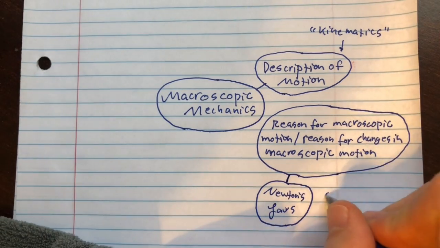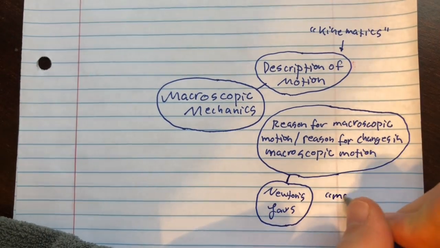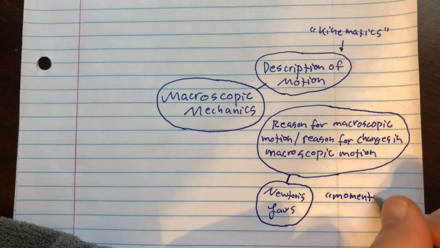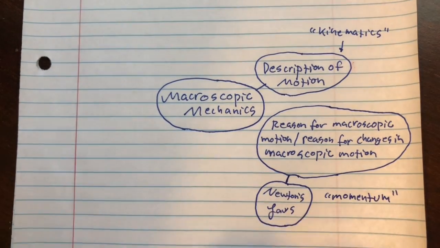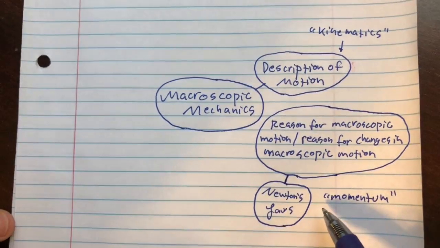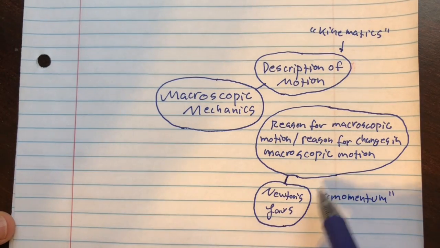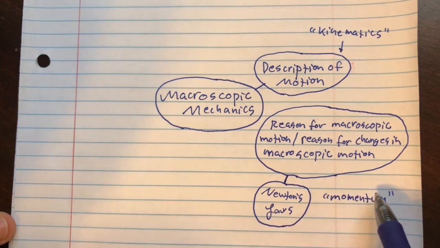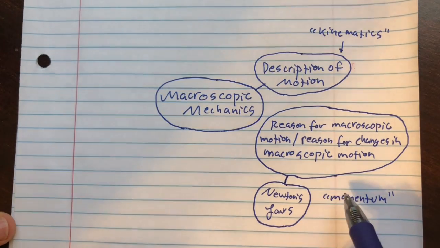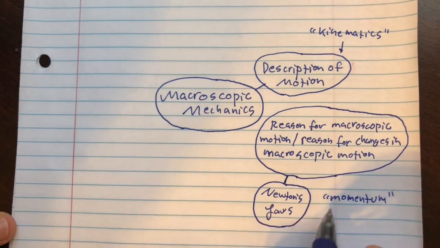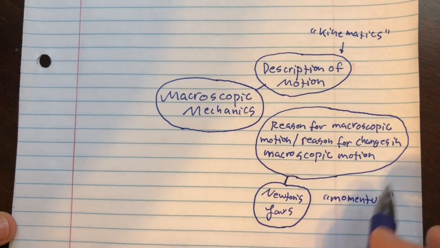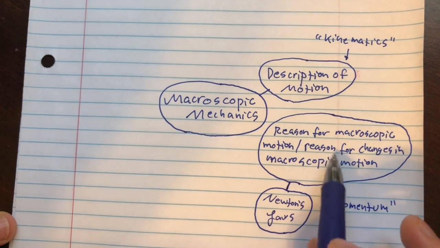But here, I'll just draw this. I'll say momentum. Because if the change in momentum is 0, then the net force is 0. If momentum is changing, then the net force is not 0. But again, I don't want to get too much into this just yet, but I would definitely put momentum in this bubble.